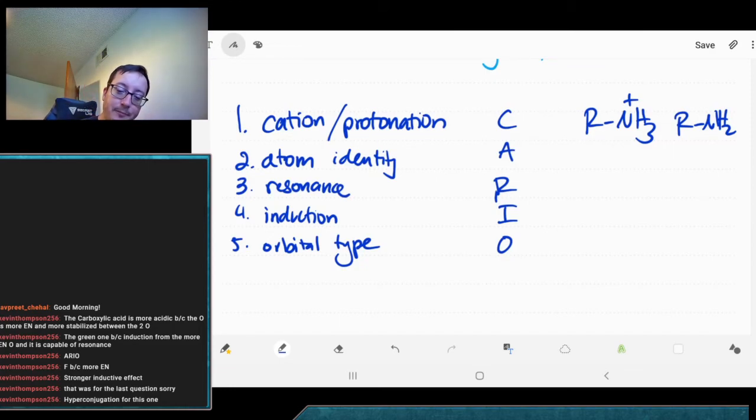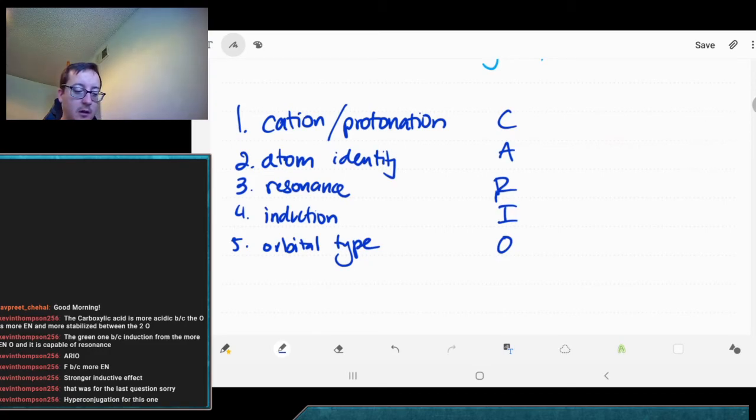So, looking at these, in your homework, unless you're given pKa's, you'll follow this order. So you'll first look at where the first point of difference is between the molecules you're comparing.